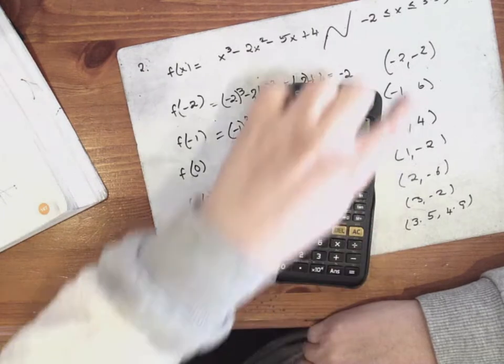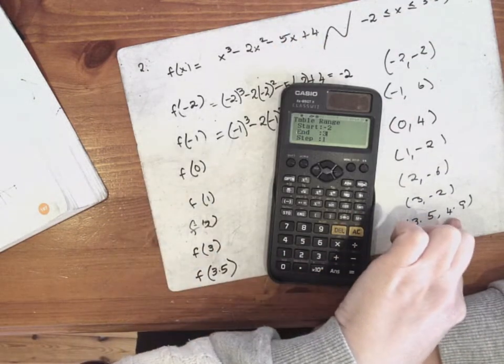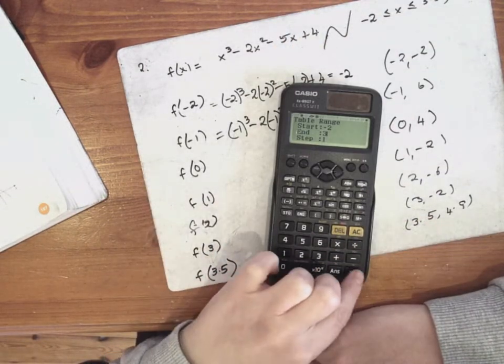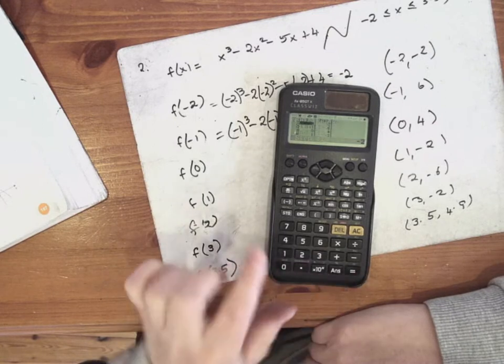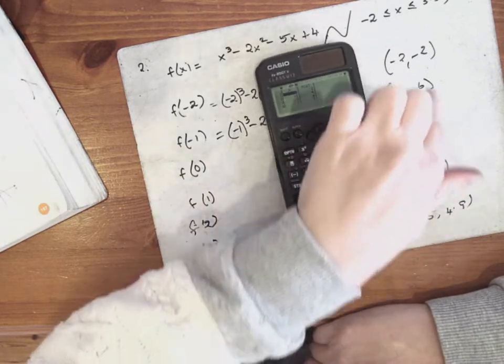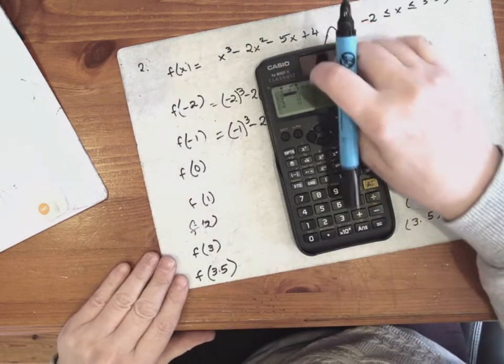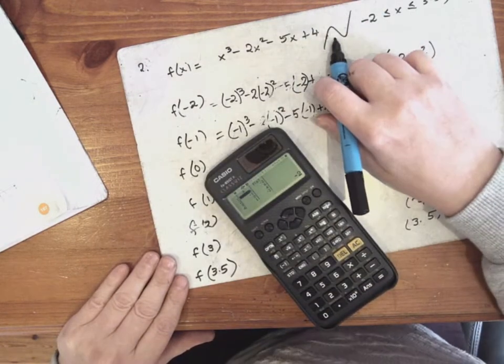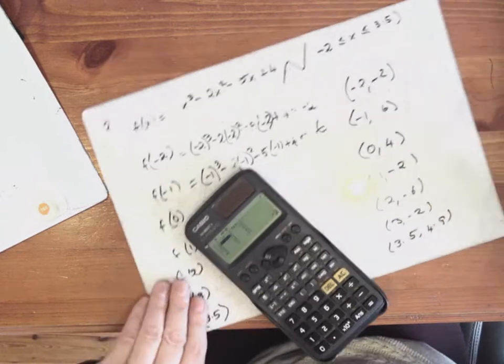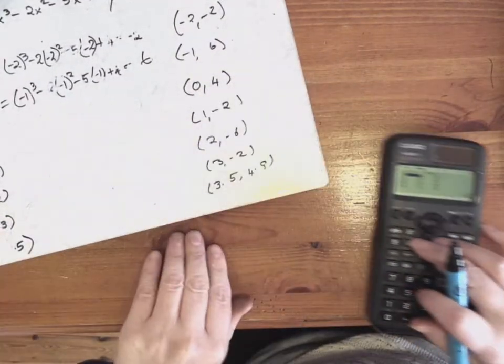Ignore the 3.5 because they actually gave you the answer anyway. The end is 3, it's always step 1, and it'll give you your points. It's good to know what you want to end up with, something like that, before you start.